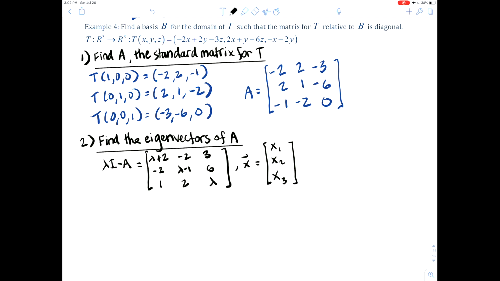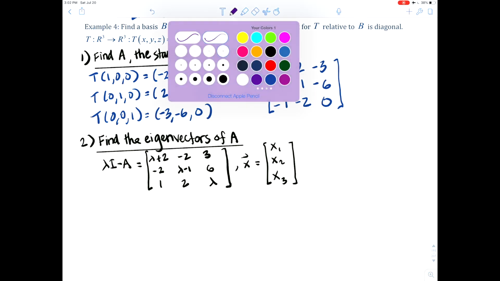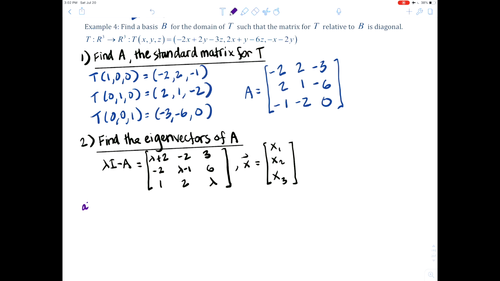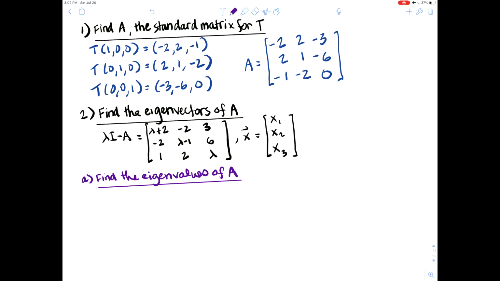So let's start off by, we're going to find the eigenvalues of A. Okay? And so remember, what do we have to solve? Good.